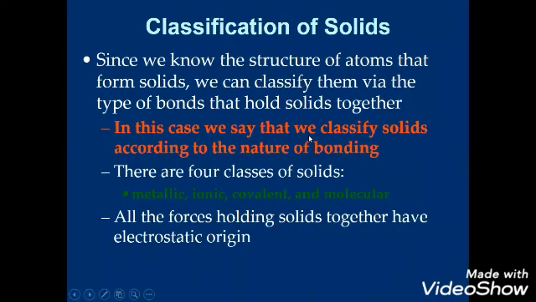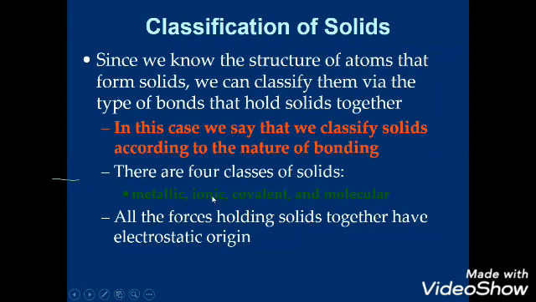Now, solids can be classified depending upon the type of particles. If the type of particles in the solid are atoms, then they are called covalent solid.